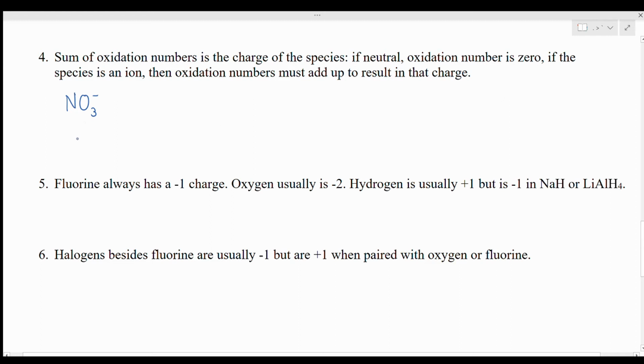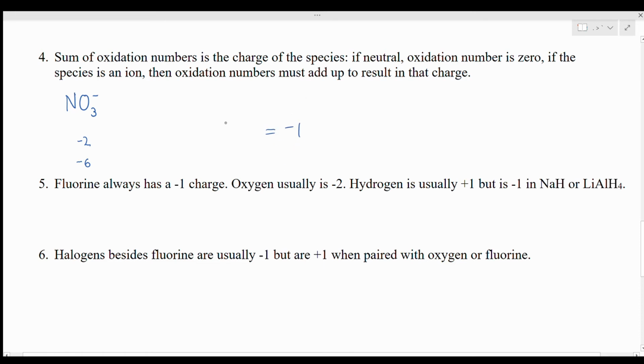So each oxygen has a -2 charge. There are 3 oxygens, so the total charge coming from oxygen will be -6, which is found by multiplying 3 times -2.